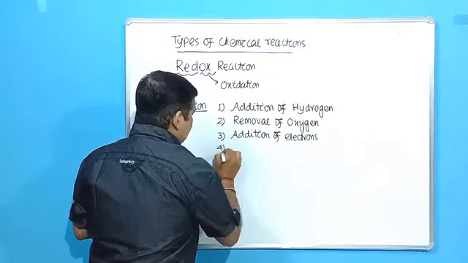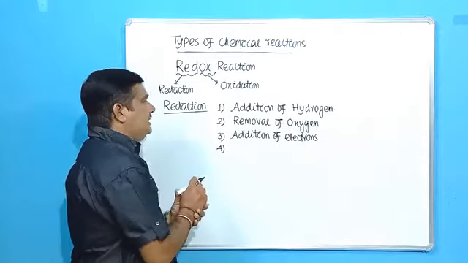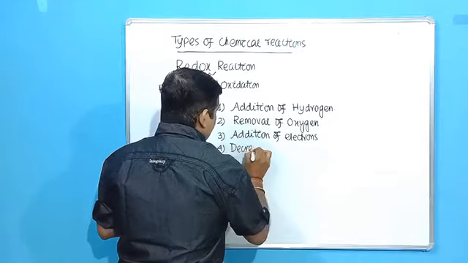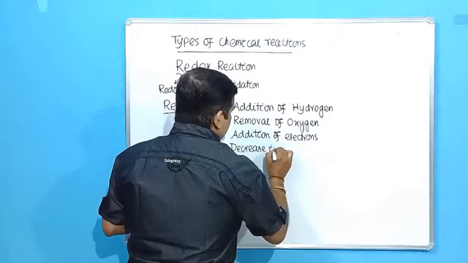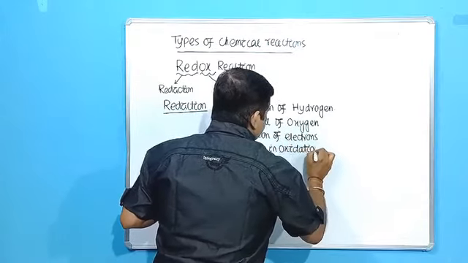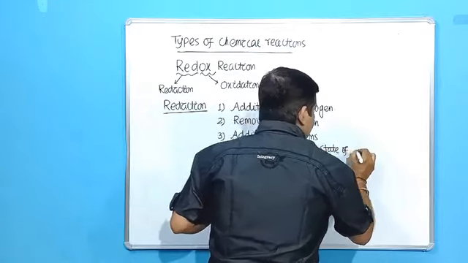Or there is another term called oxidation state, which will be taught to you later on, but for the time being you remember it. That is decrease in oxidation state of an atom.